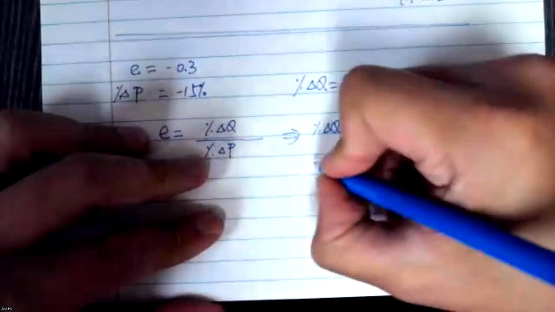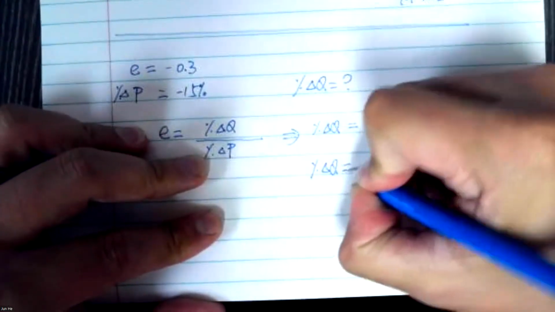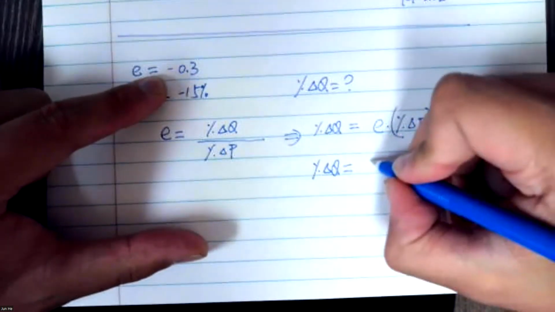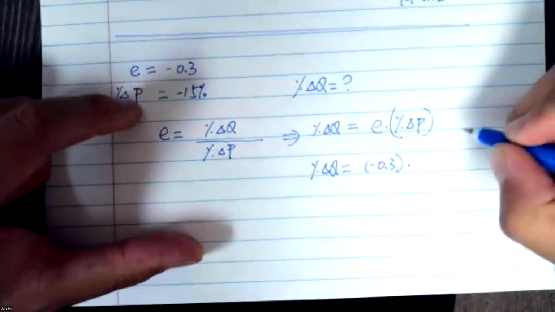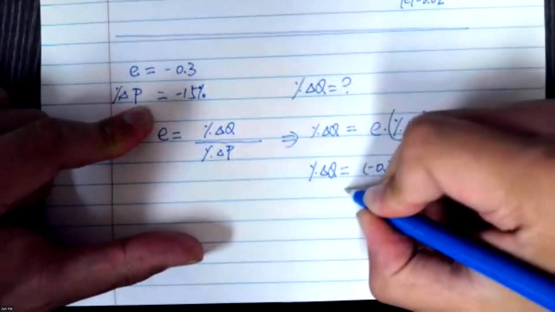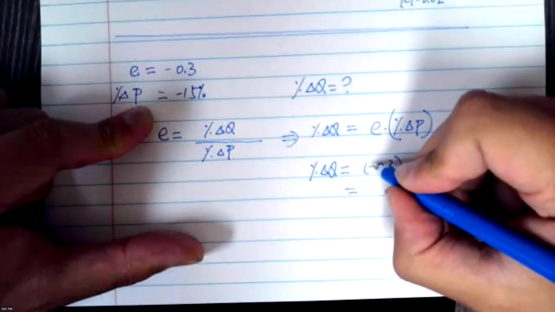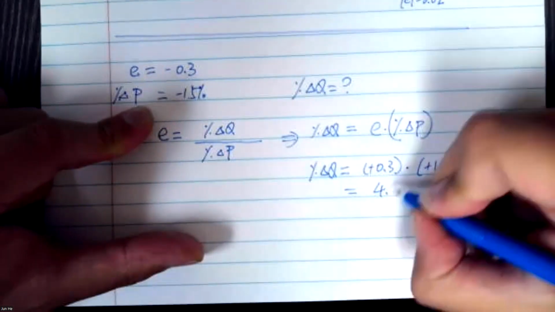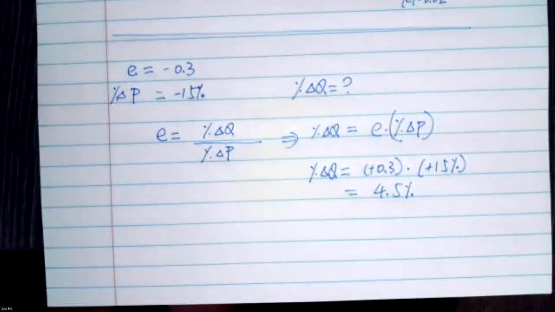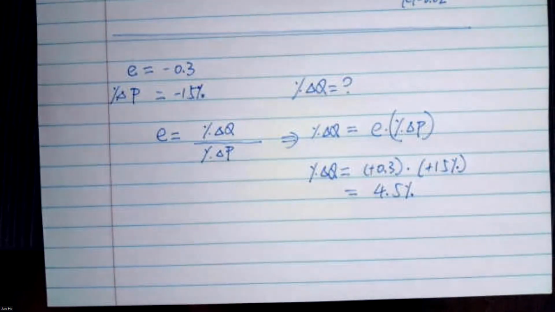Okay, so now the last step is to plug in those numbers. So we have elasticity is minus 0.3, percentage change in P is minus 15. So the result is 4.5%, being the expected change in quantity.